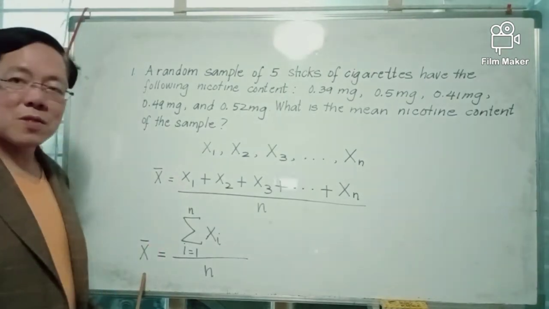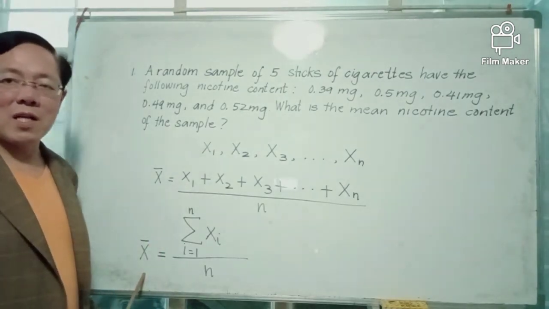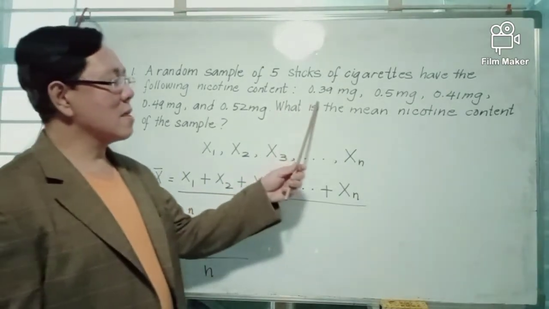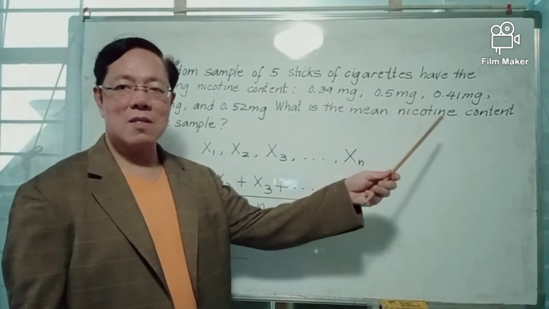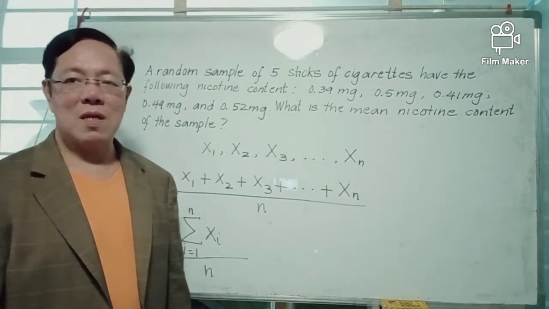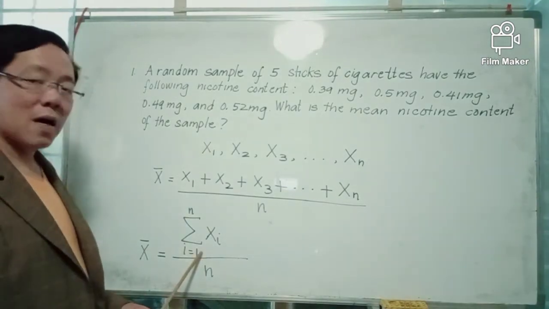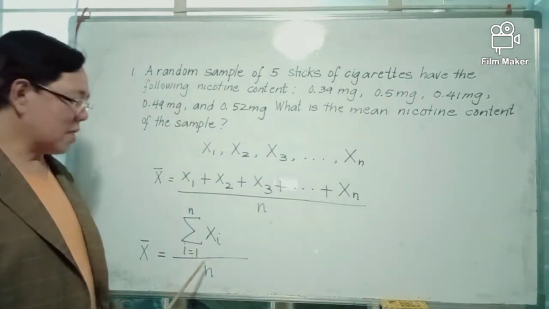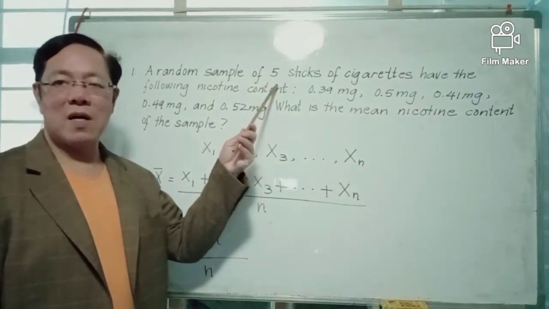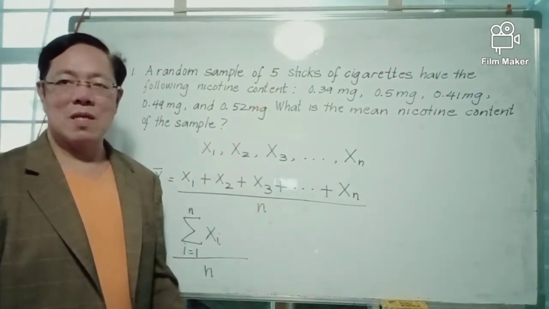Thus, using this formula for the arithmetic mean or simple average, we add these nicotine contents of the 5 sticks of cigarettes, and their sum is divided by n, which is equal to 5 sticks of cigarettes.